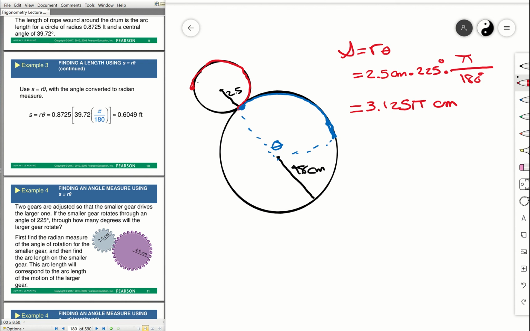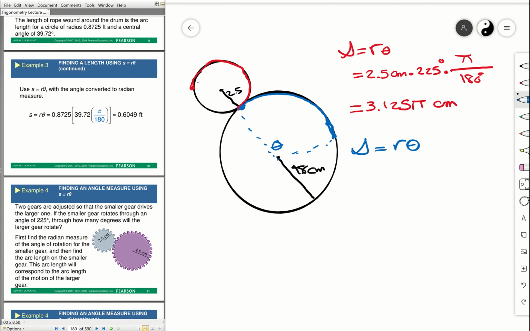All right, so now let's work with the larger circle. We know that S equals r theta for that circle as well, for that gear, which is circular in shape.